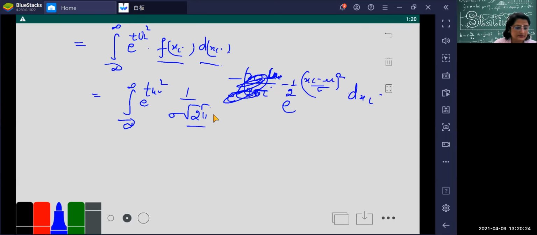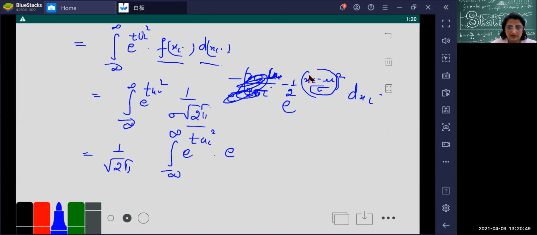The constant we will take outside, so you have 1 by root 2 pi, integration from minus infinity to infinity of e raised to the power t ui square... whose value is this? This is the value of u.